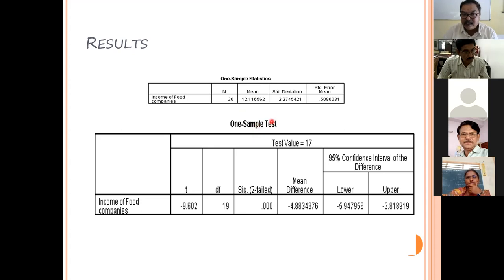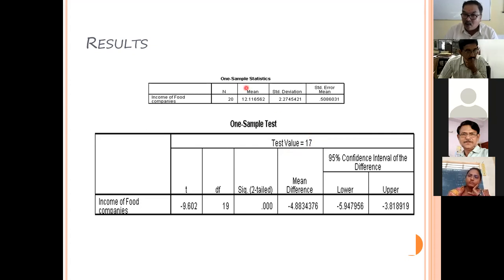So here I have the results. And what are the results? The sample mean value is 12.11, right? And the test value is nothing but the population average, meaning the national average profit of the food processing industry is 17%.